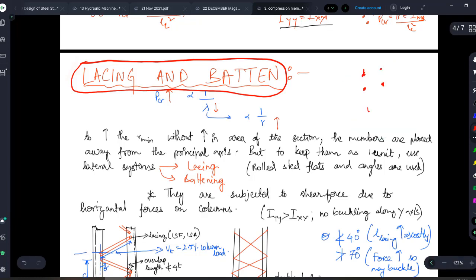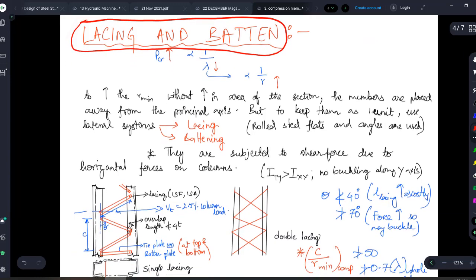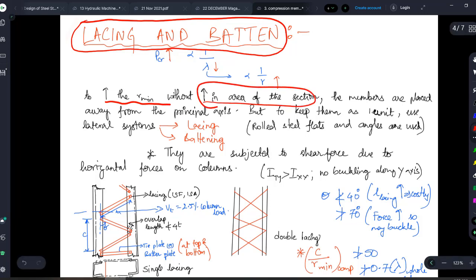So our main aim to increase the load carrying capacity of a column is to increase my R minimum value, and I don't want to increase the area of section. Obviously, if you keep on increasing the area of section, your load carrying capacity increases, but your cost will also increase, right? So I am not increasing the area.